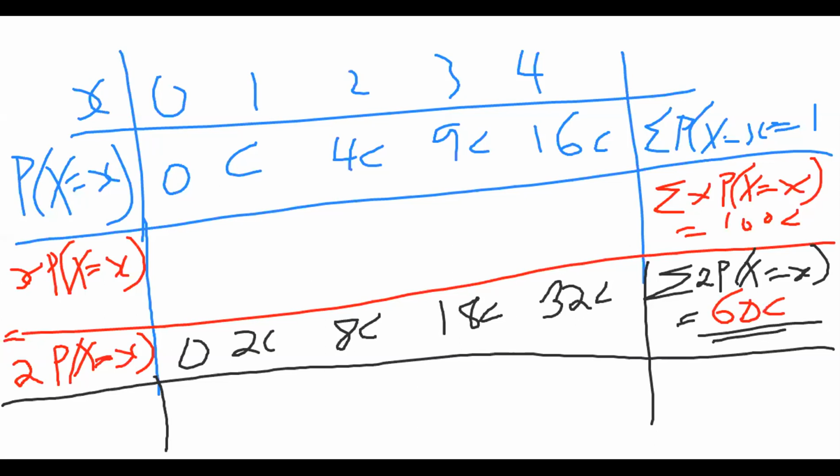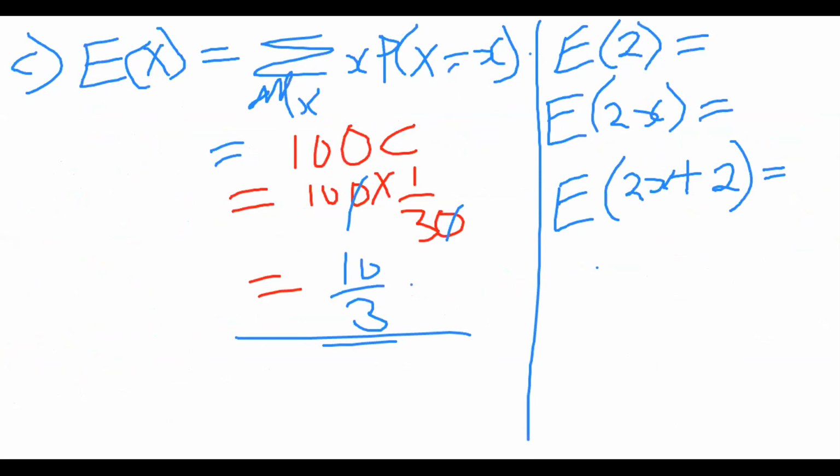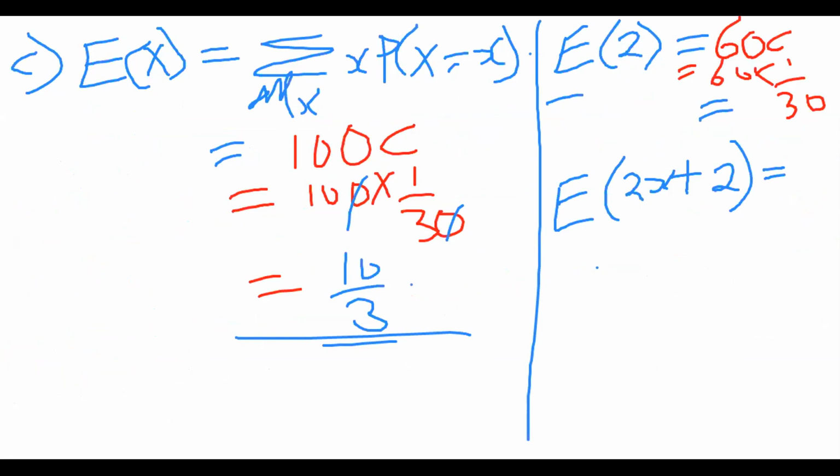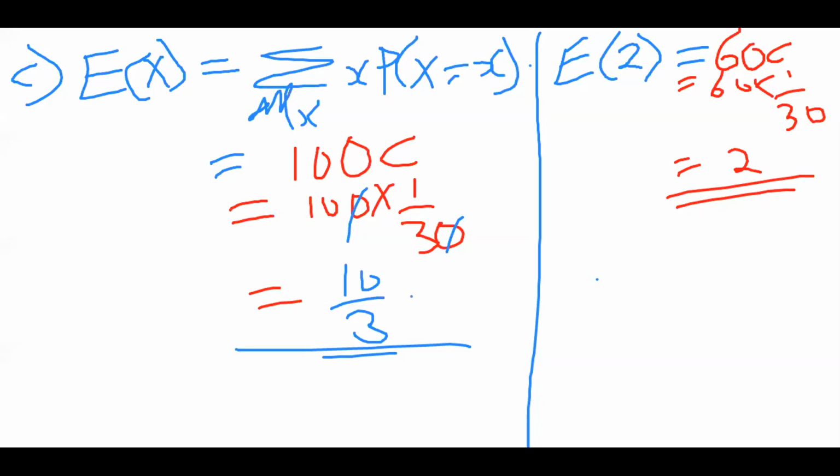Meaning that our answer for this one here for x, which is equal to 2, here the answer will be equal to 60C, which times 1 out of 30, will give us the answer as being 2. I need to take note of this. I need to pay attention to this and the answer to that you have got. We shall come back. I'm done. Okay, that is good.